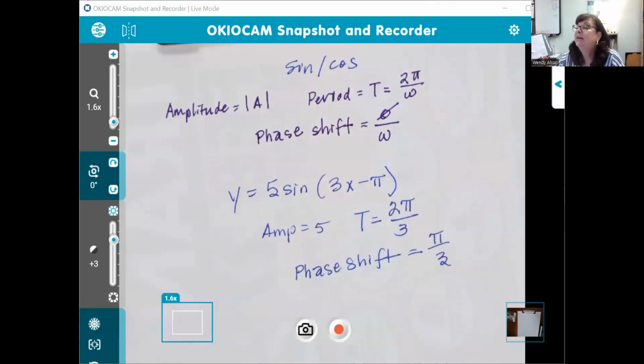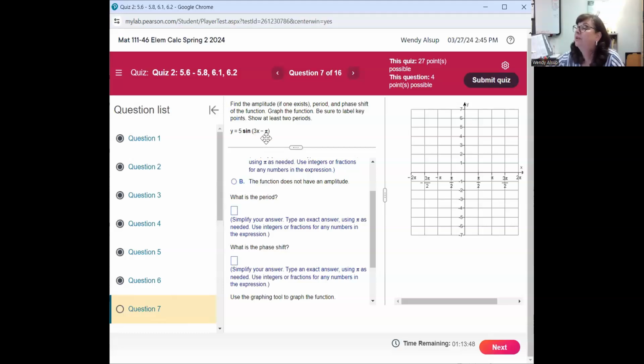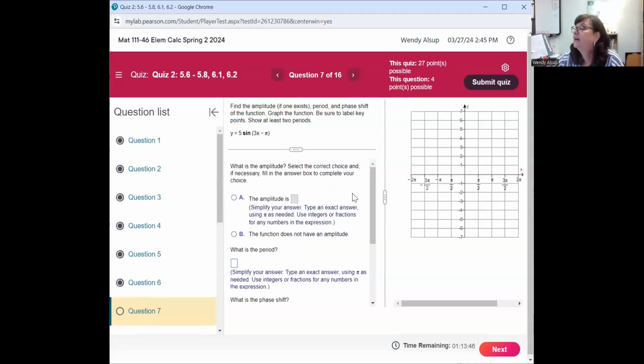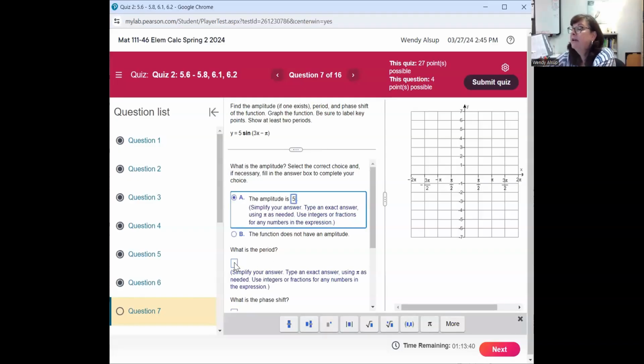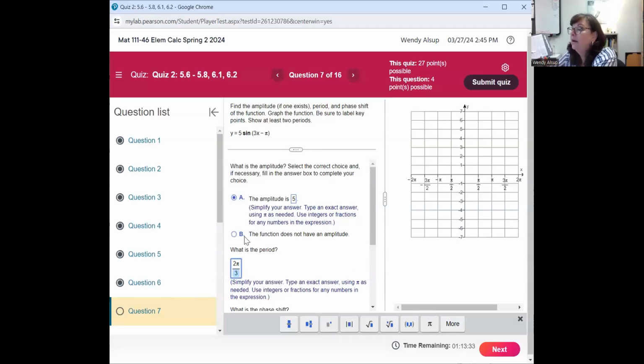I'm doing a sine function, so I need to graph this. Actually, first I need to do the amplitude. My amplitude was 5. My period was 2 pi over 3.